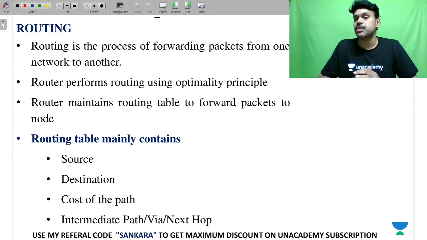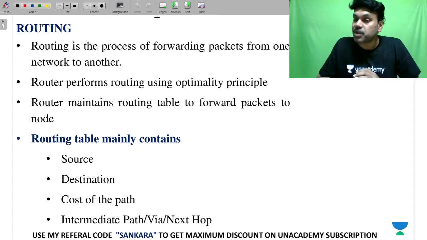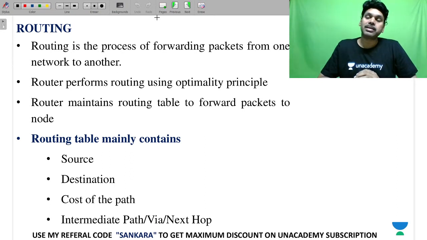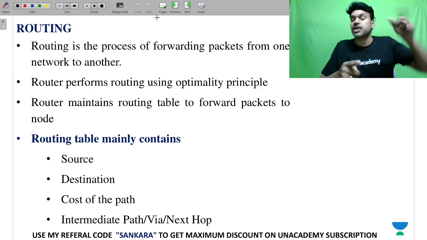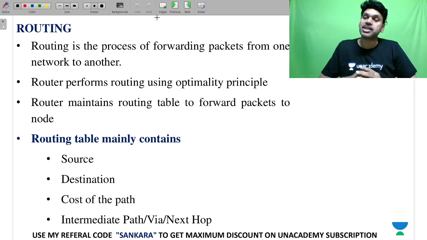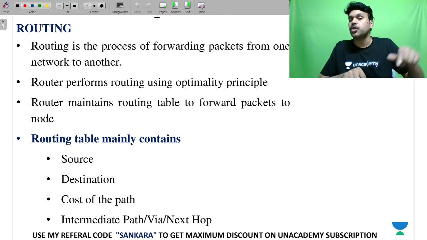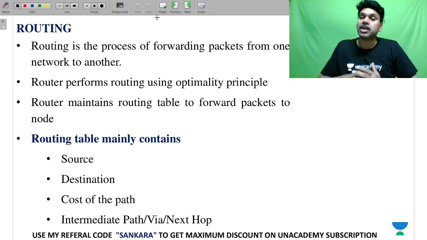So my dear friends, routing is done by routers, and routers construct routing tables. The routing table is going to provide the optimal path. Routing tables are frequently changed if there is a change in the topology. If there is any change in the topology, then automatically routing entries are going to be changed.